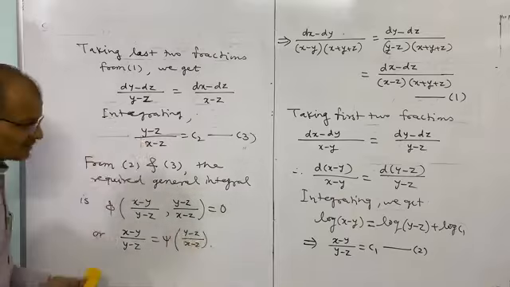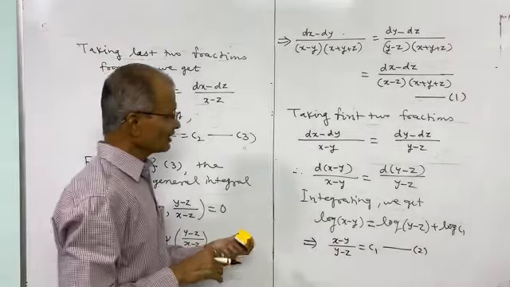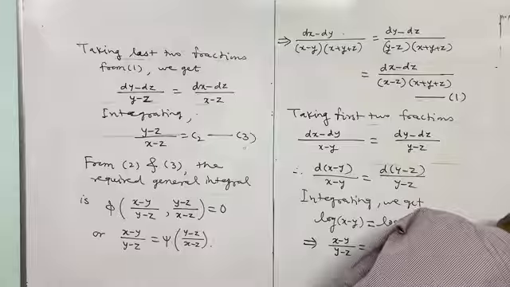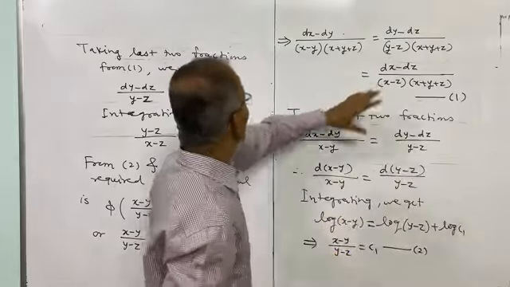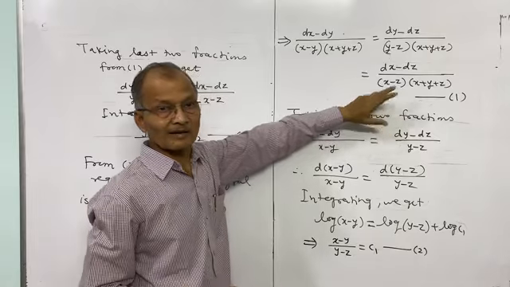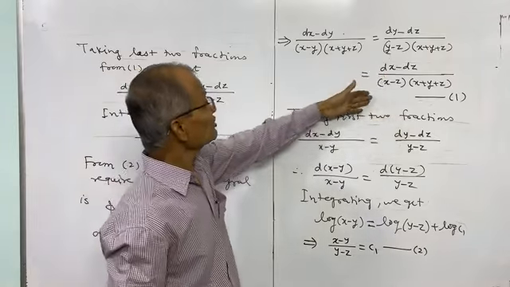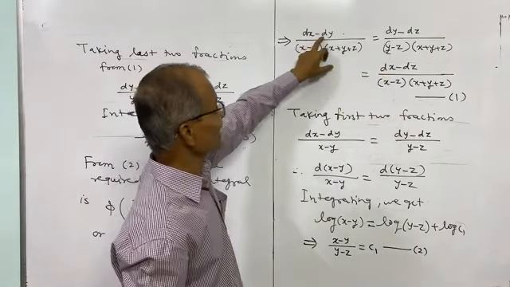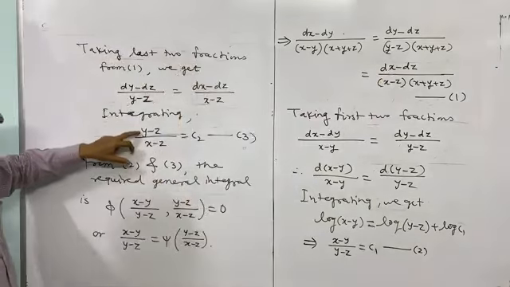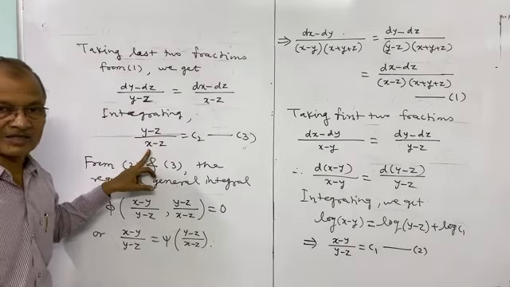Thus, this gives the solution, and one thing is to be noted that we have equated the last two fractions. Now instead of equating the last two fractions, we can equate the first and last. In that case, what will be the solution? The solution will be x minus y divided by x minus z, instead of y minus z divided by x minus z.